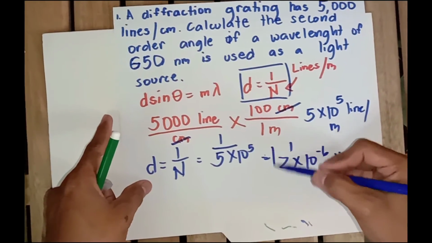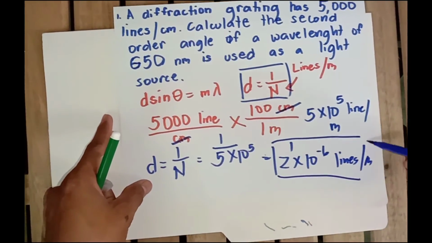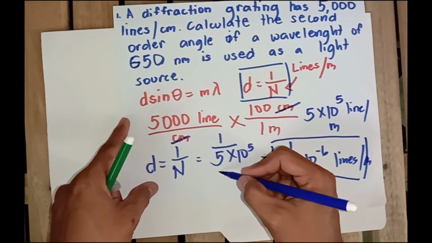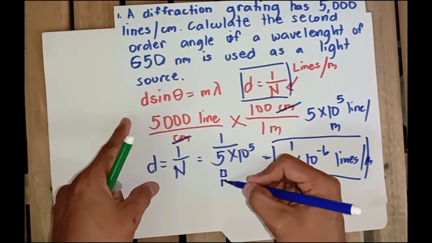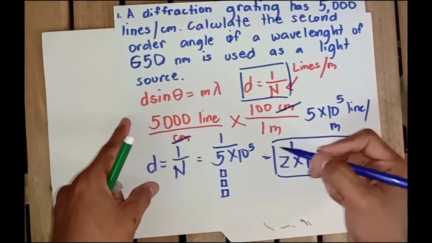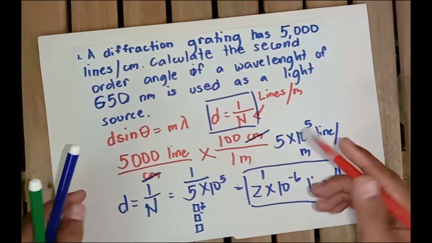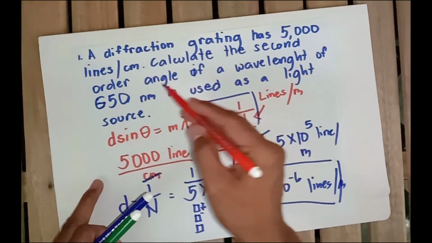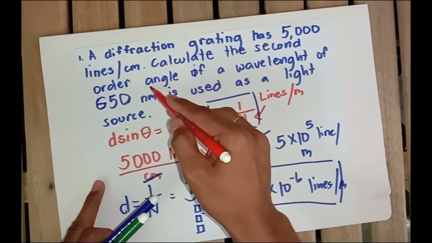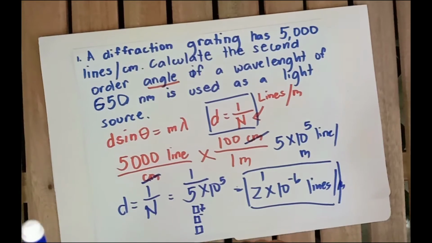And that's our distance between each slit inside the diffraction grating. Okay, we have to calculate the angle of light.